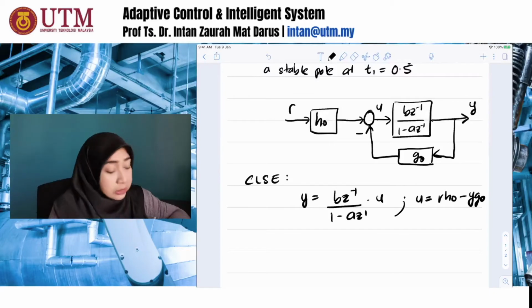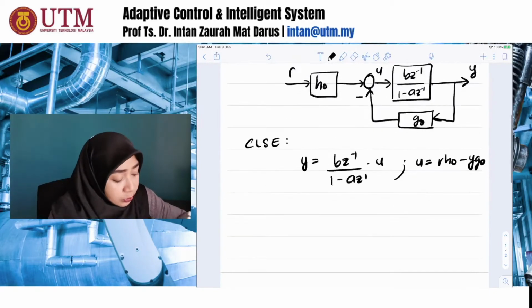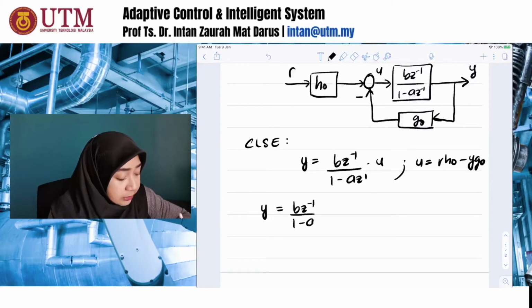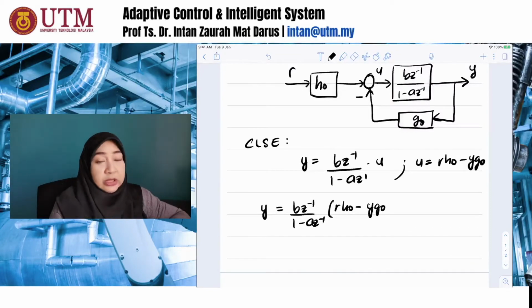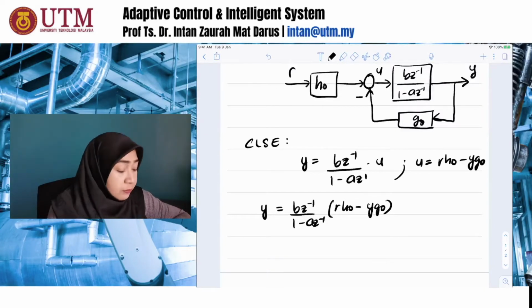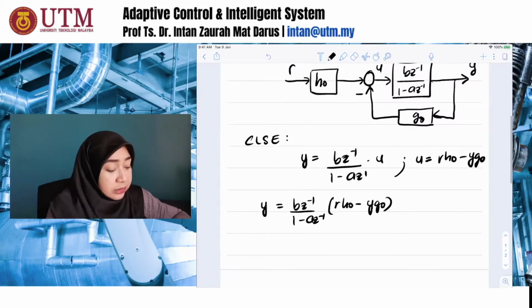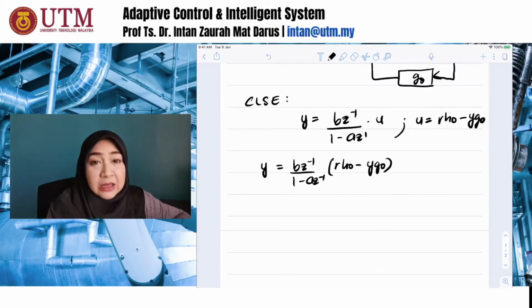Okay, so then you're going to substitute u into y, so you get y equals bz^-1 over 1 minus az^-1 multiplied by rH naught minus yG naught. Of course all of this is in the z domain. I'm not going to put it there, but you are most welcome to put it if you like. I'm just going to write it as it is, but I know that all these variables are in the z domain.